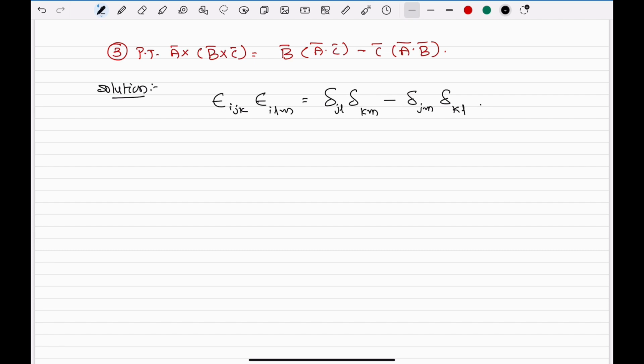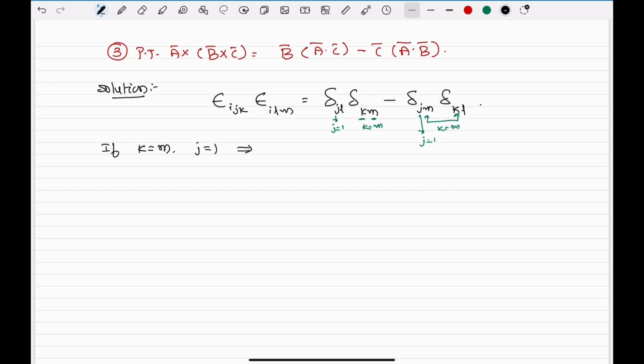Now, for example, in the above equation, if k is equal to m, and j is equal to l, let us see what happens.